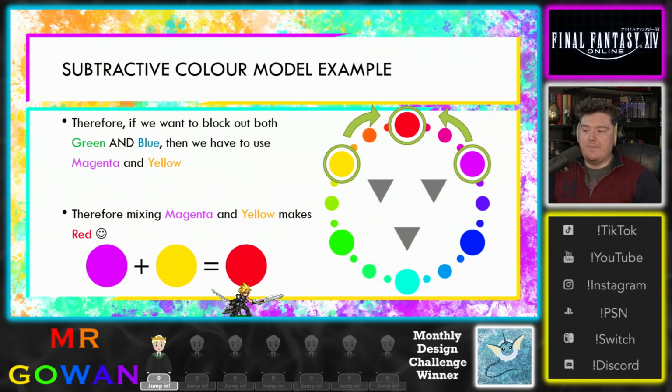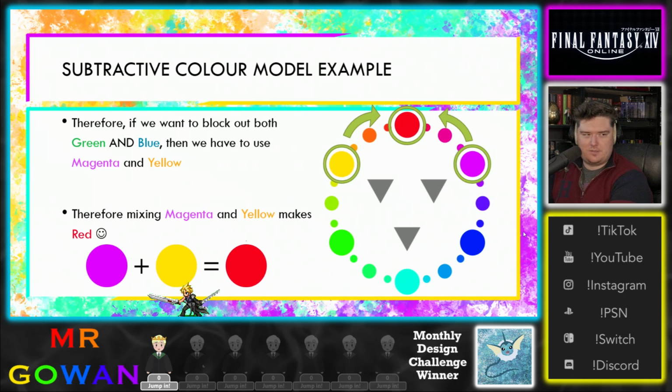Therefore, if you can make red by mixing magenta and yellow, then red cannot be a primary color. Red is not a primary color when we're looking at subtractive color. So if we're looking at paint, markers, pencil crayons, anything that is a physical object, mixing magenta and yellow gives you red, so red is not a primary color.